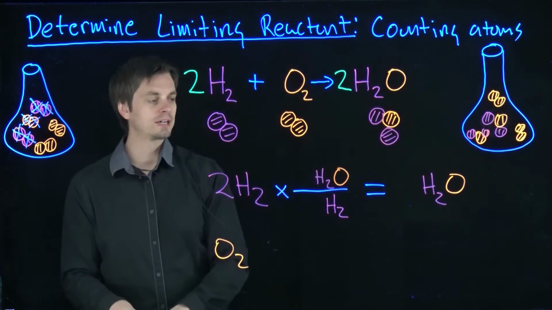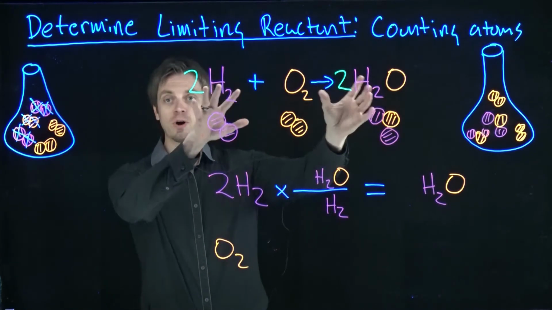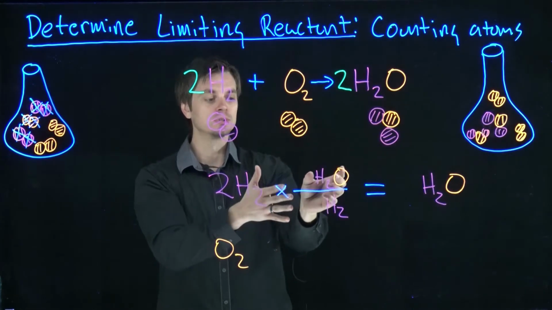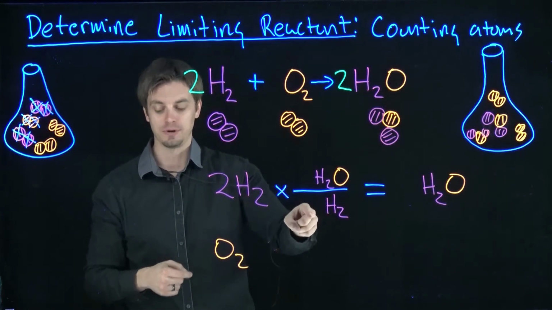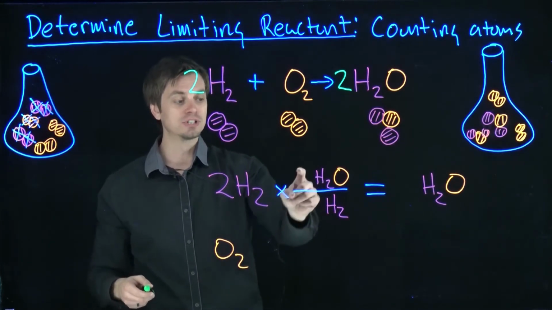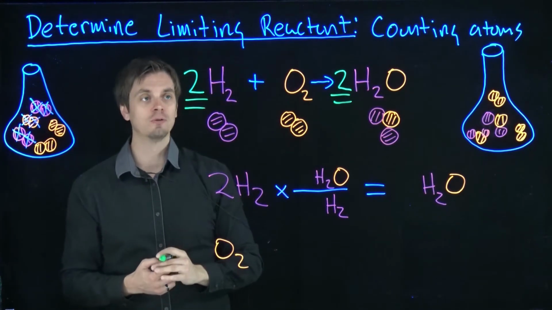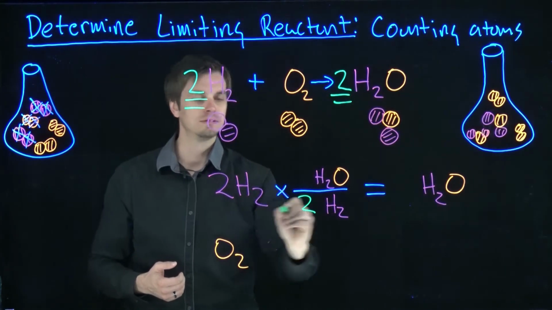So the conversion factor we're after is basically a ratio that we obtain from the balanced chemical reaction equation that tells us how many molecules of H2O are formed per molecule of H2 being used up. And this ratio comes from the stoichiometric coefficients. The stoichiometric coefficient for H2 is 2.